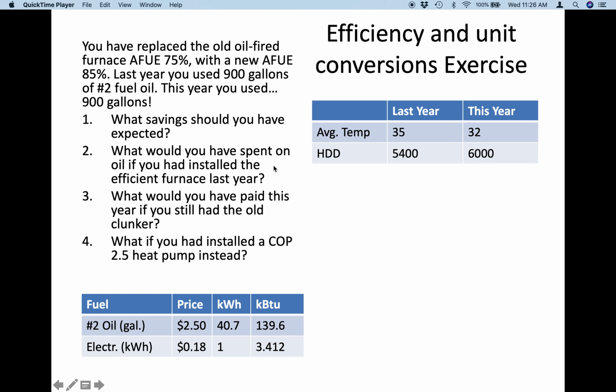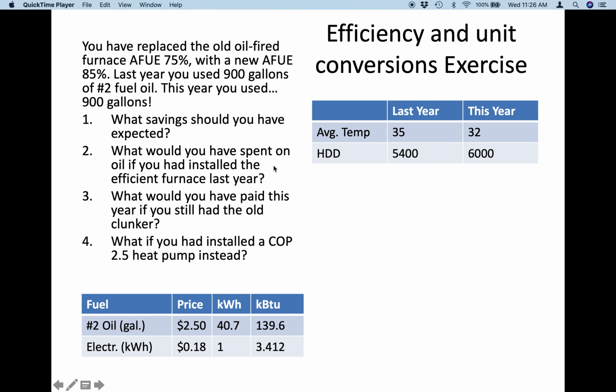And then we have 40.7 kilowatt hours of energy in a single gallon of fuel oil, and that is the same amount of energy as 139.6 kBTU, or thousands of BTU, in that same one gallon of oil.